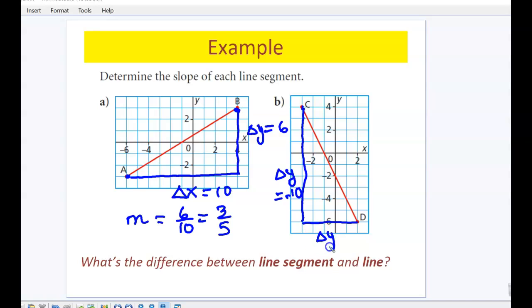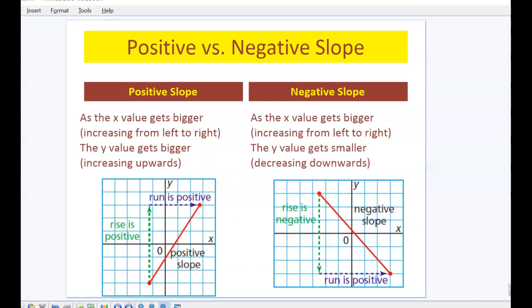So my change in x is going to be 5. So therefore, my slope is going to be -10 over 5, which is going to be equal to -2.